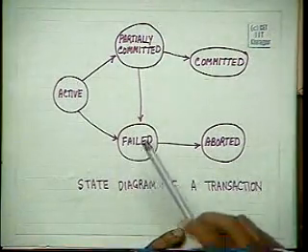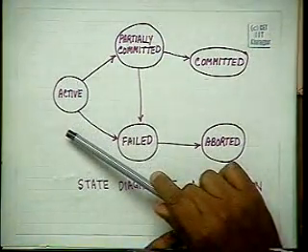Now we will see how we maintain information during normal processing, so that after failure we can recover to some extent. One of the most widely used methods of recovery is called log based recovery.